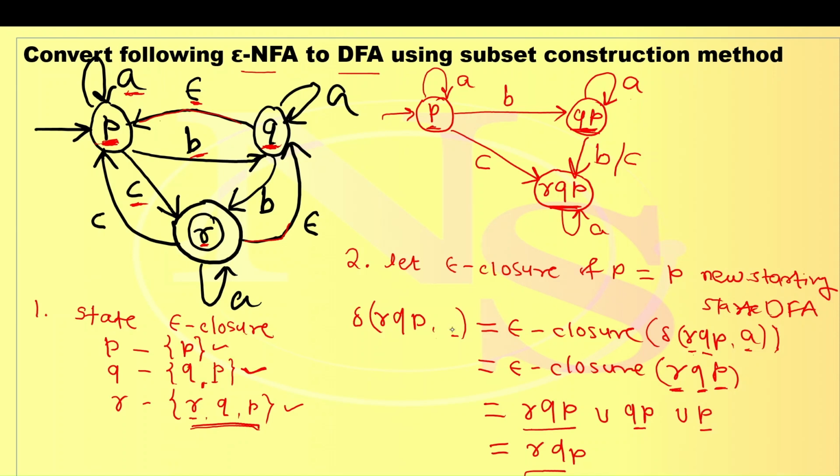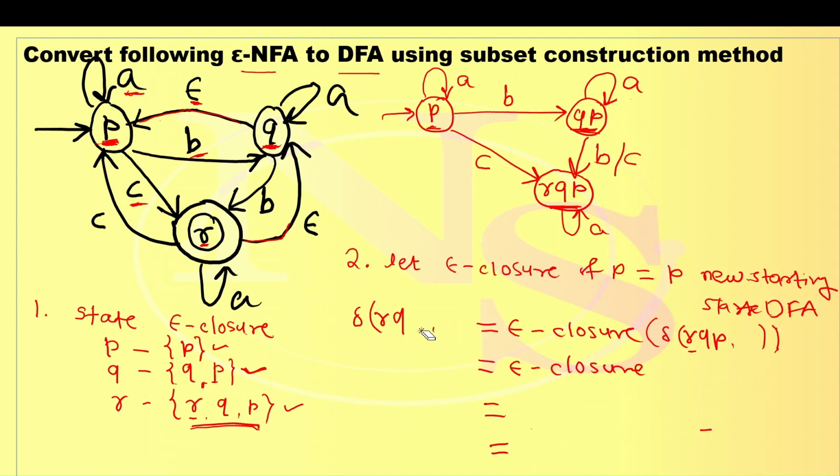Repeat the process for another symbol like B and find out the transition for B, where it goes. Sorry, for A we already found it. So reading B, where does the transition of B go for the state RQP? Check here: R reading B, the transition is not given.